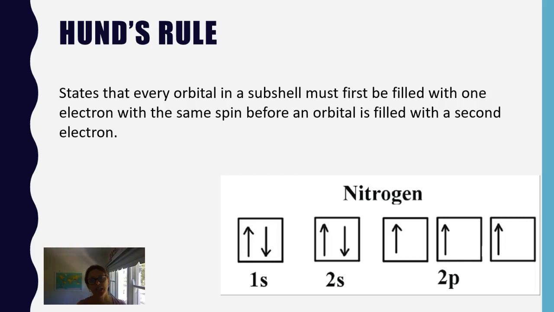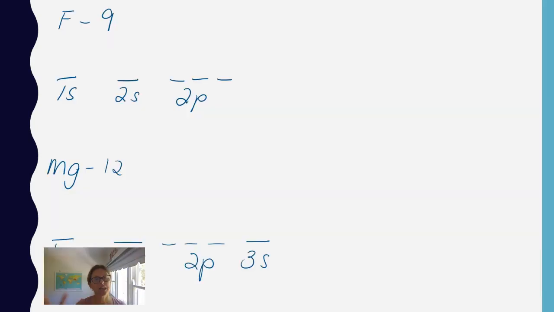When I go to filling my p orbital, I have to put all those ones in of the same spin first. I don't fill the first box first, then the second, then the third. I have to put one of positive spin in each of those 3 orbitals and then come back and put the negative spin in.